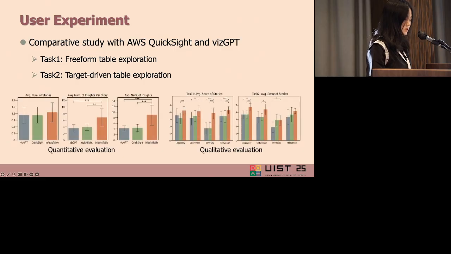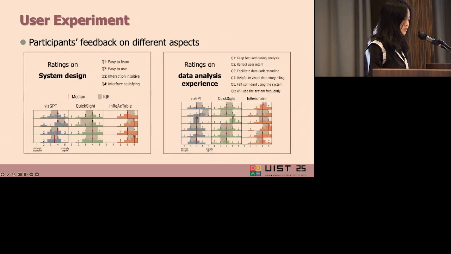In both tasks, the qualitative and quantitative results demonstrate the strong capability of our system in supporting data analysis. We also collected feedback from participants on the three systems, in which the InReAcTable received positive feedback on both system design and data analysis experience.